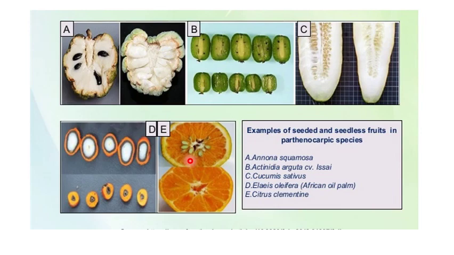In portion E, Citrus clementina, which is also called the Mandarin orange, you can see clearly that seeded fruits are present, seeds are present in it. While when proper fertilization does not occur, then it may be naturally or artificially processed, in which seedless fruit is developed.